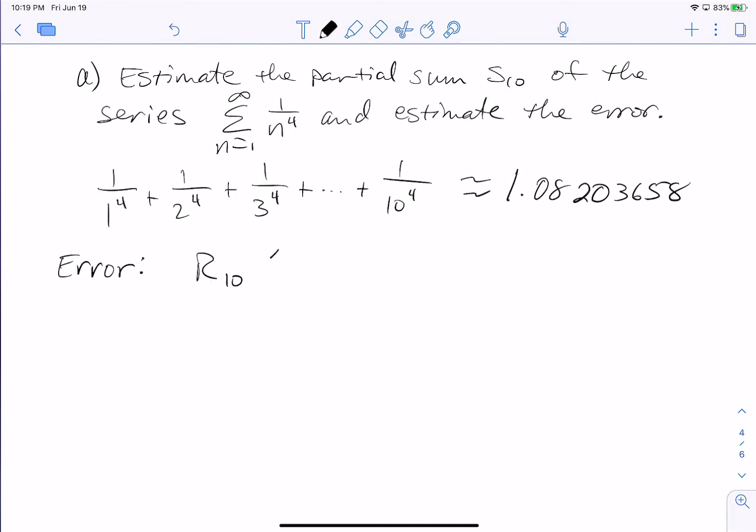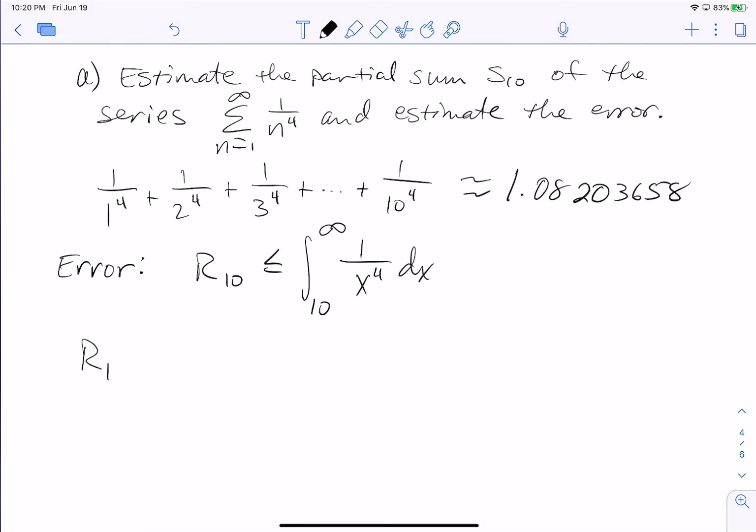R sub 10 is, according to an inequality we wrote in an earlier video, less than or equal to the integral from 10 to infinity of 1 over x to the fourth dx.